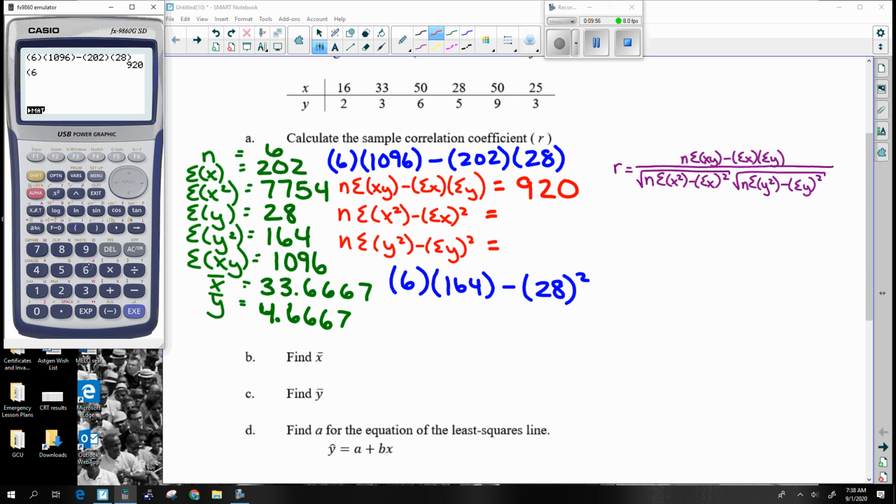The middle one, n, x squared, minus x squared. Last but not least, n, y squared minus y squared.